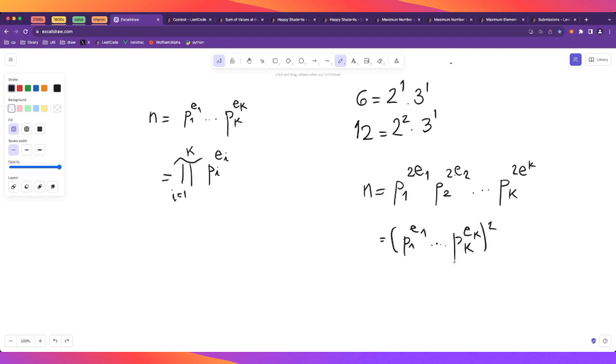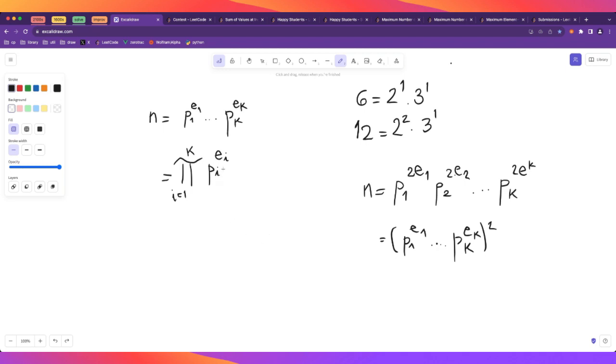It's all of this squared, if I'm not mistaken. And so now in this problem, we are asked to multiply pairs. So every pair has to be a square when they are multiplied. Their product must be a square.